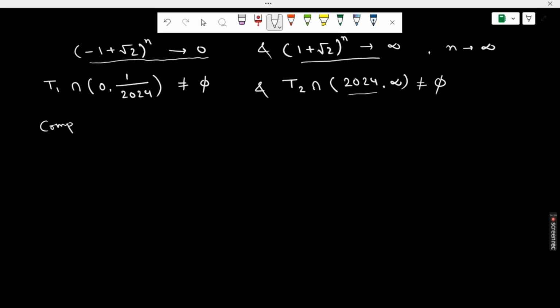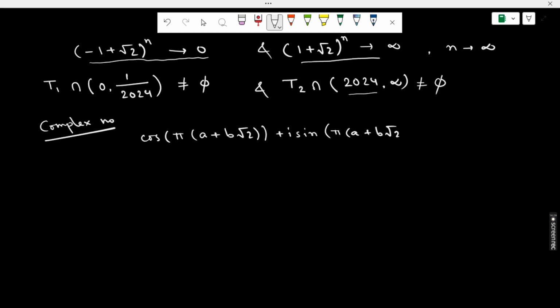It is mentioned that cos(π(a + b√2)) + i sin(π(a + b√2)) belongs to Z. If it belongs to Z, that means it is an integer, so obviously the imaginary part should be 0. So this implies sin(π(a + b√2)) must be 0.